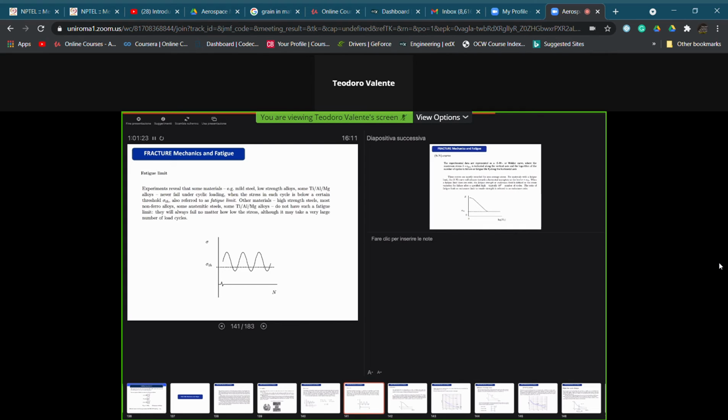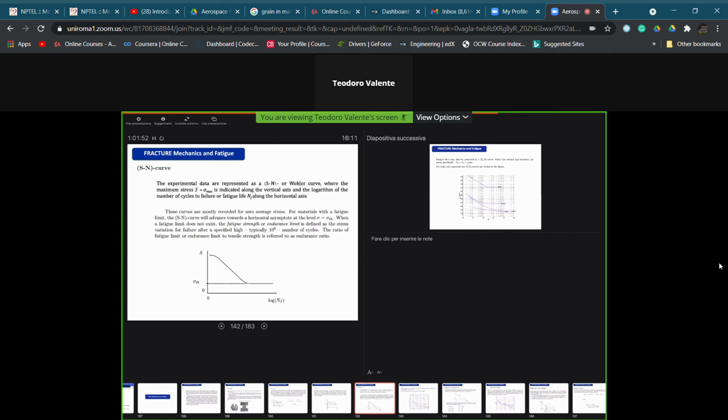One class of metallic alloys, I remind you, which does not show any fatigue limit is the aluminum-based alloys. Thus, for the aluminum-based alloys, which are in the class of metallic materials the most important for aerospace fabrication of cold, not hot, structures, we need to design taking into consideration a fatigue problem.